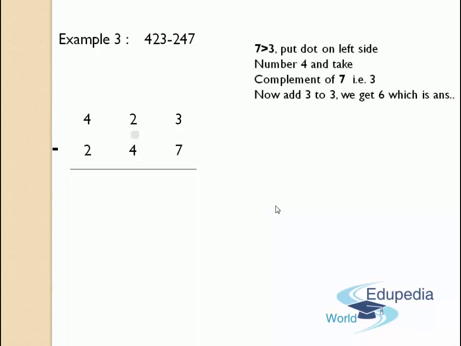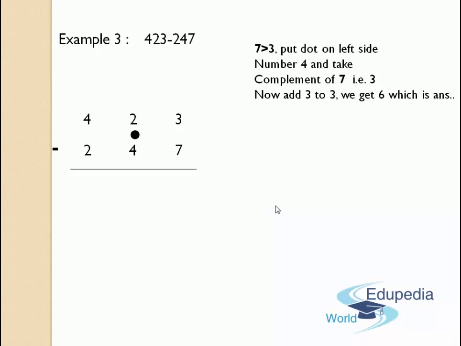After placing the dot on the 4, you come back to the same column, that is the ones column. Now you have to take the complement of 7. What number is added to 7 to get 10? That is 3. So this is called the complement of 7.